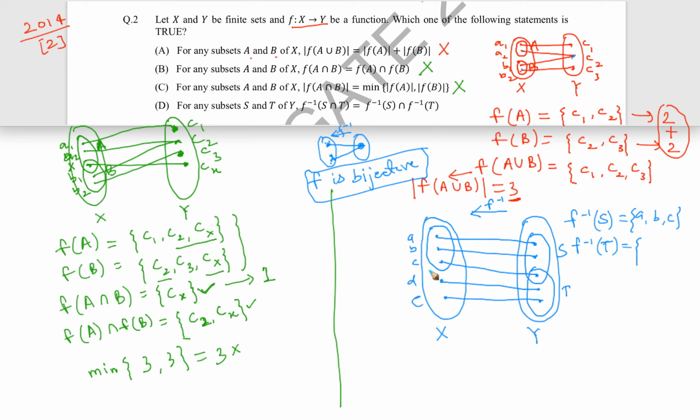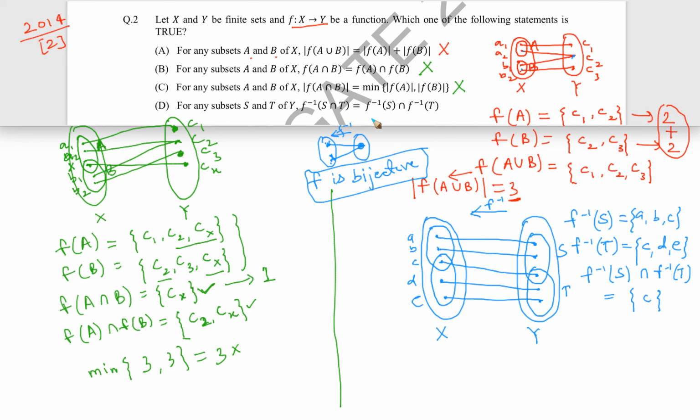That will be basically this set, right? So it will be c, d and e. Okay, and now we can see that if we talk about f inverse S intersection f inverse T, which is basically the right hand side of this equation, then we are going to get only one element which is common, which is c.